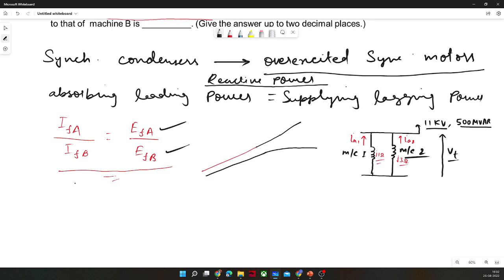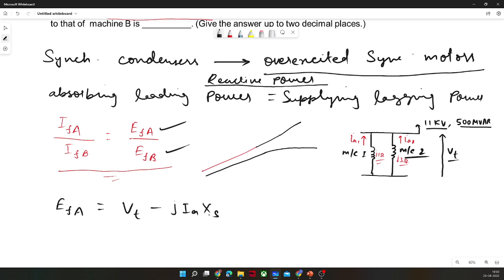Now, I will write the KVL equation of machine A. EfA would be VT minus j IA1 Xs1. VT is the same, terminal voltage the same, and both are in parallel, so the voltage would be the same.